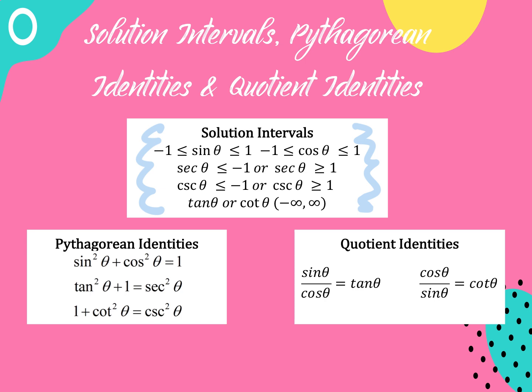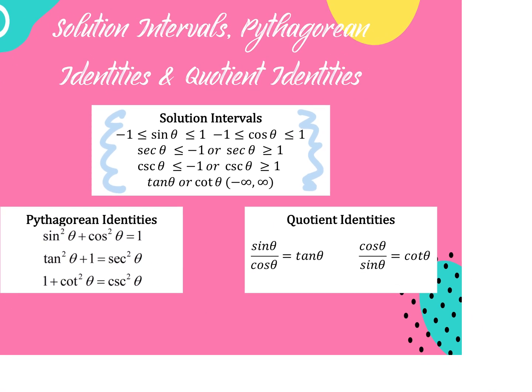So for example, for sine and cosine, I know we talked about this on Friday, but remember, if you think back to your geometry days, sine was always opposite over hypotenuse, and cosine was adjacent over hypotenuse.